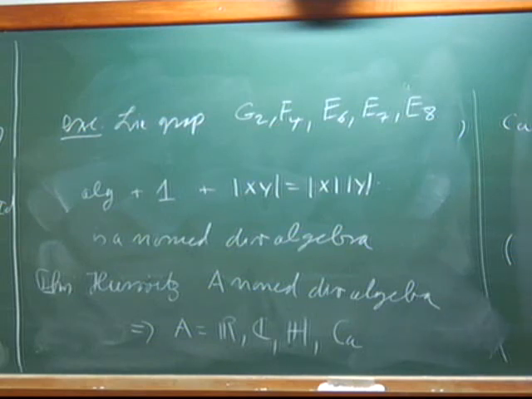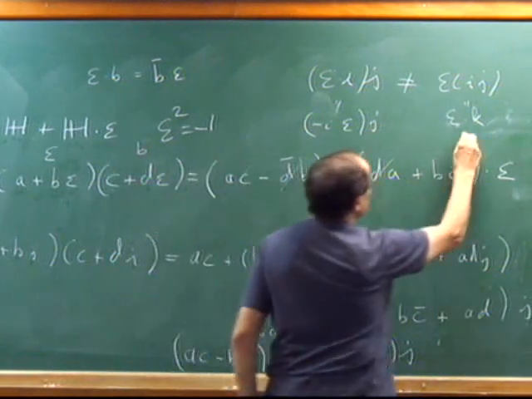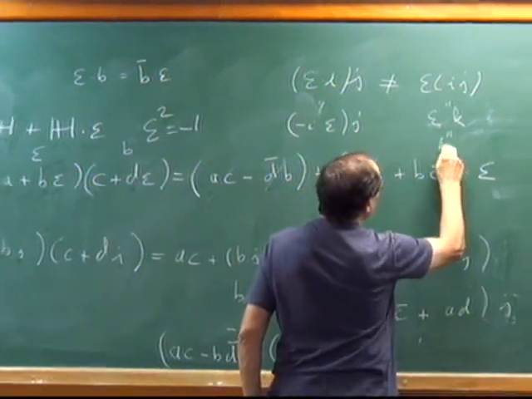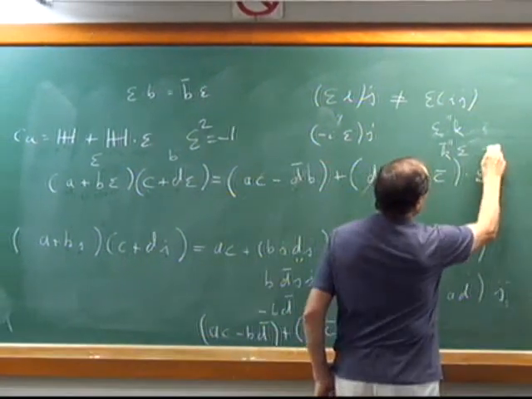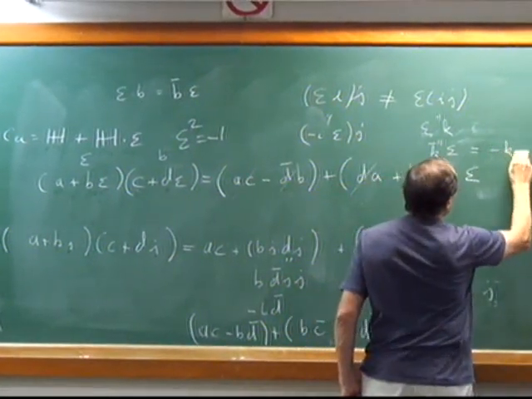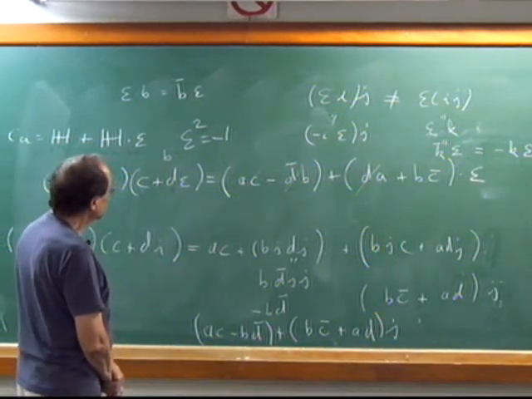So epsilon i is minus i epsilon, times j. This here is k bar epsilon. Of course, k bar is minus k. That's minus k epsilon.